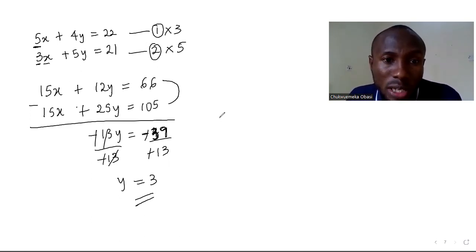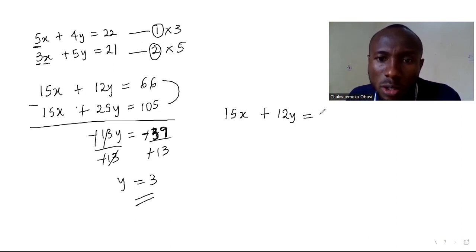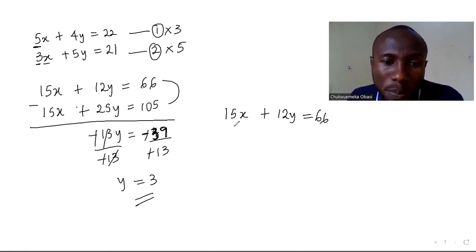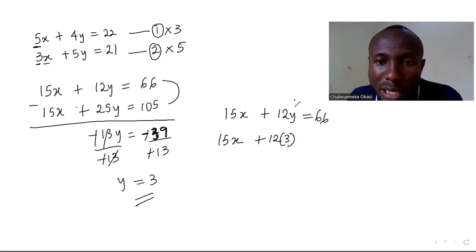Now, I would like to plug it into equation 1. Equation 1 is much smaller, so it's not going to be stressful. So when I plug y to be 3, I'll have 15x plus 12 times 3 equal to 66.